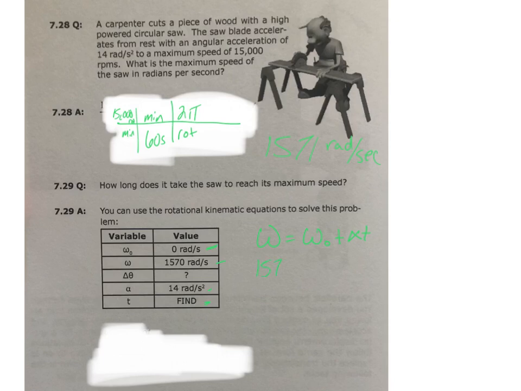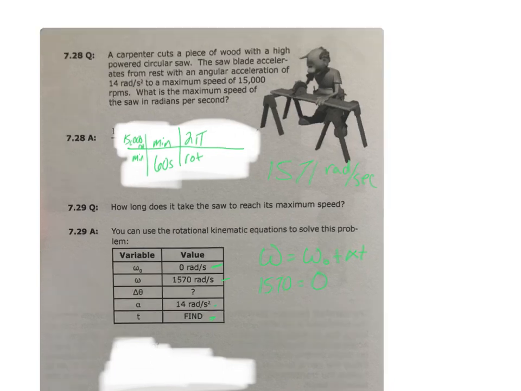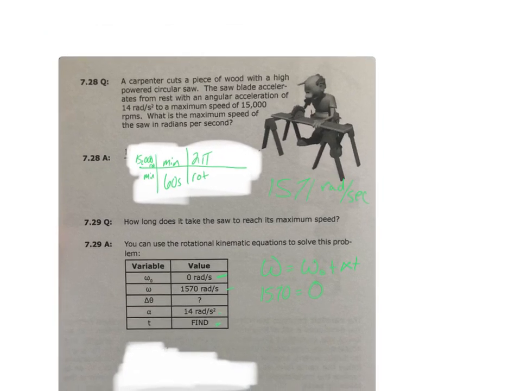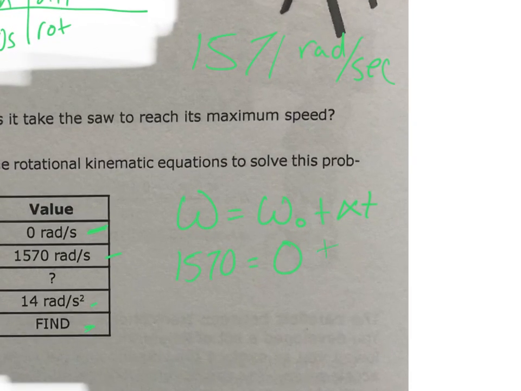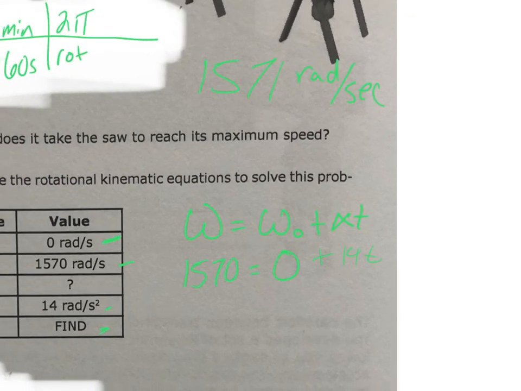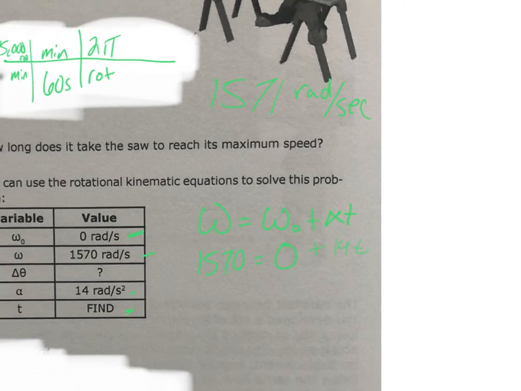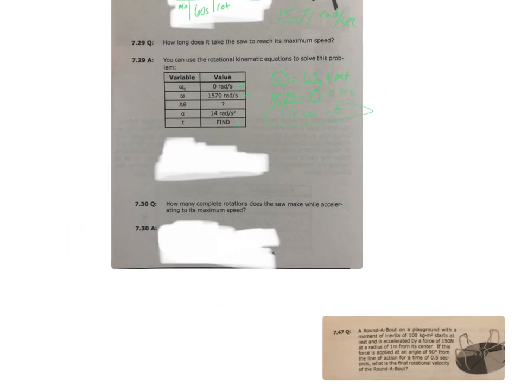So 1570 equals 0, because it starts from rest, plus 14t. And so if I divide, 1570 divided by 14 is 112 seconds. So this is a very slow to get started saw.